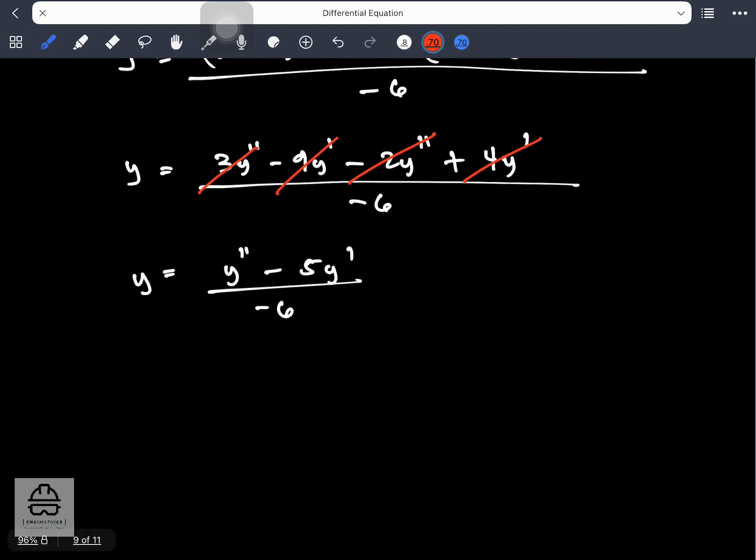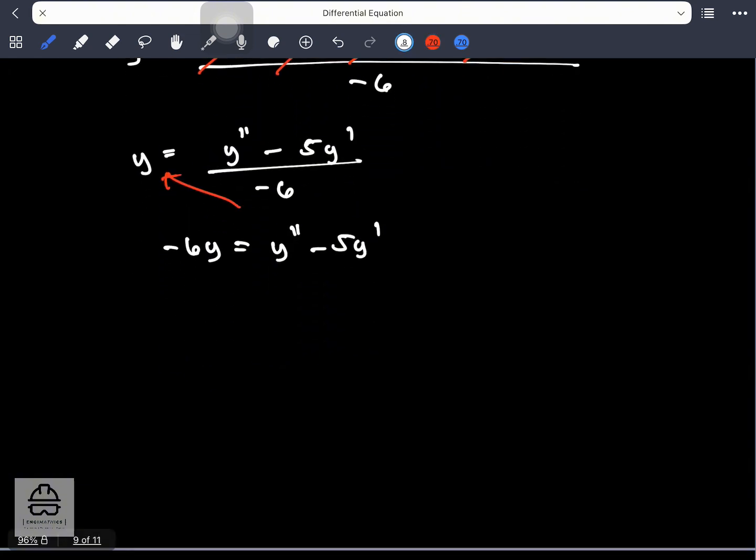Okay, so do the cross multiplication. That would be negative 6y is equal to y double prime minus 5y prime. Okay, we will do the transposition. With 0 is equal to y double prime minus 5y prime plus 6y. Okay, so this is the final answer.